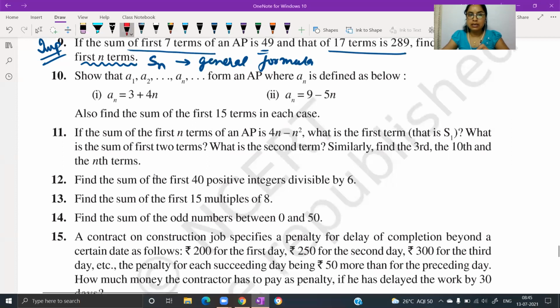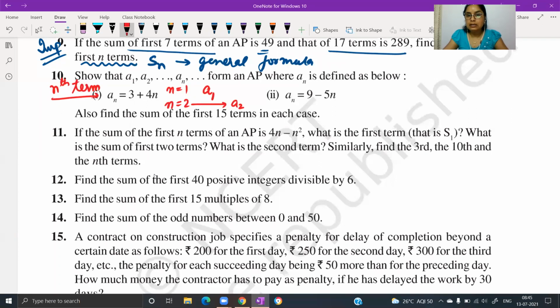If you have this formula to find the nth term, n being the position, then one by one, if you use 1 in place of n, you replace n by 1, you will get the value for A1. If you use n as 2, you will get the value for A2. In this way you have to obtain a few terms, A1, A2, A3, and then you have to show that the terms form an arithmetic progression.